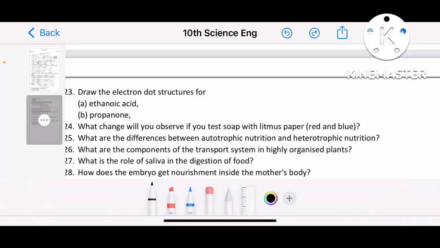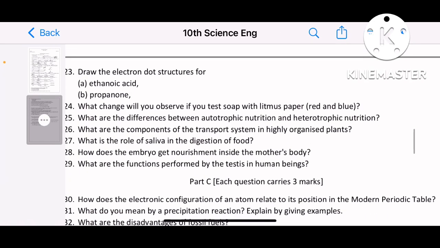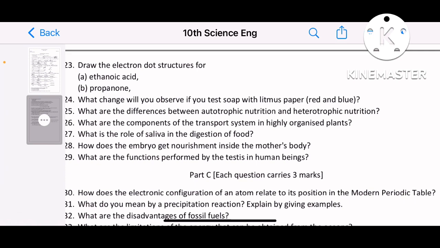Now next question is question number 24. What changes will you observe if you test soap with litmus paper? Red and blue are given in the brackets. Beta, as we all know, soap is a base. So when we dip a blue litmus paper in soap solution, it will have no change in color because bases do not affect blue litmus paper.